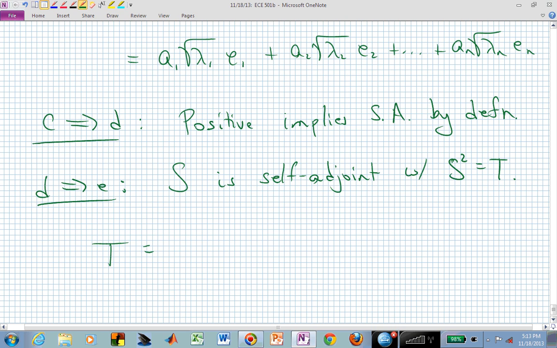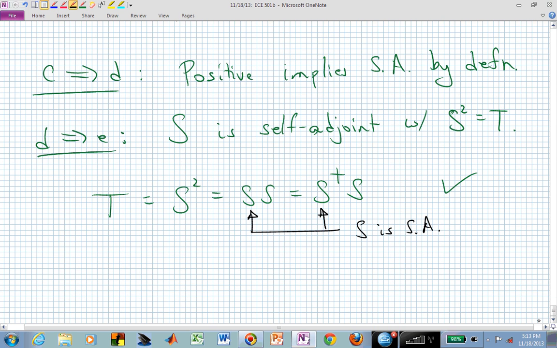So S adjoint S. So T now is equal to S squared, but S squared is S times S, but S is self-adjoint, so S is equal to its adjoint, so I can replace the first S with its adjoint and then just follow it with the S, and that's what we needed to do. So here in this step, I used the fact that S was self-adjoint.